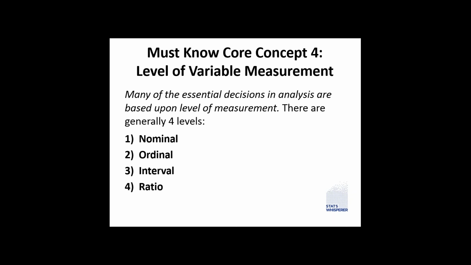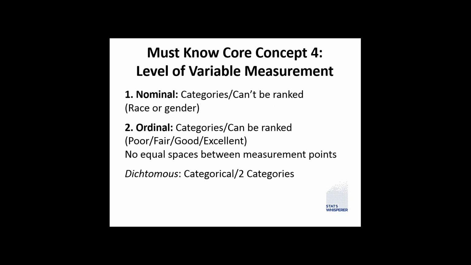We have 1 nominal, 2 ordinal, 3 interval, and 4 ratio. Like I said, a lot of the decisions in quantitative analysis, what tests to use and all, are based upon recognizing these levels of measurement. All right, 1, nominal.